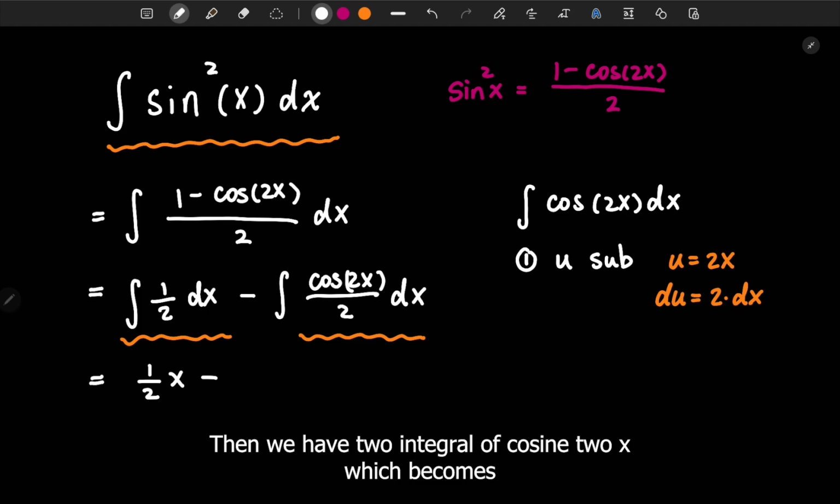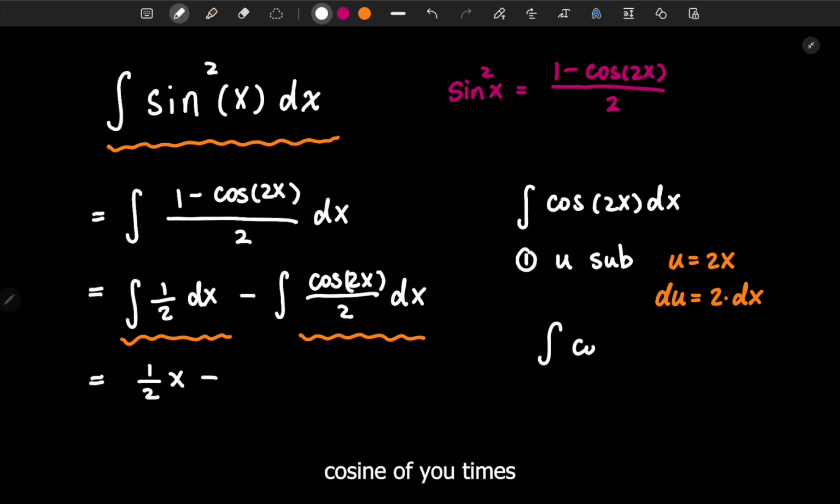Then we have the integral of cosine 2x, which becomes cosine of u times 1/2 du.